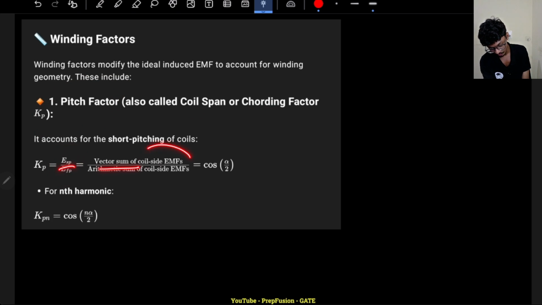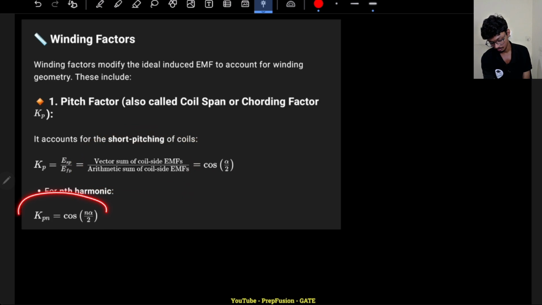ESP is the vector sum of the coil sides EMF, and EFP is the arithmetic sum. This you ignore because this is not important from the GATE point of view. Okay, ultimately this formula will be asked, and in EAC as well, this will be asked. I am not explaining this because that will take the course even longer. I don't want to extend it because it is not important from the GATE point of view.